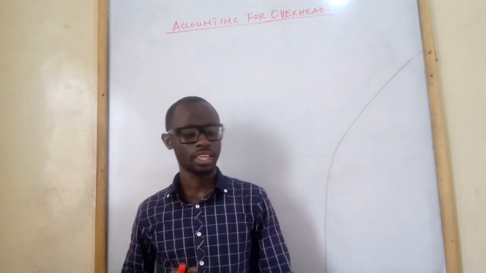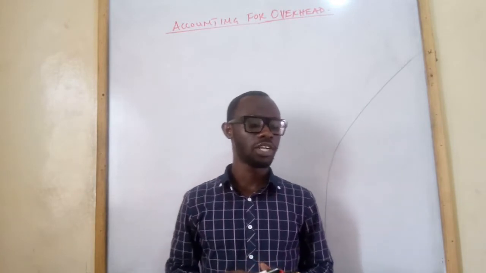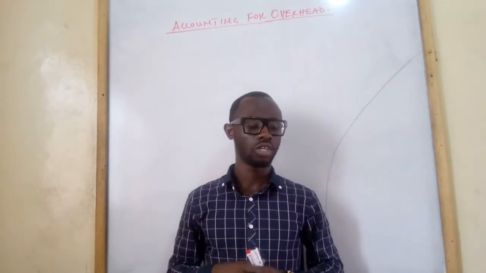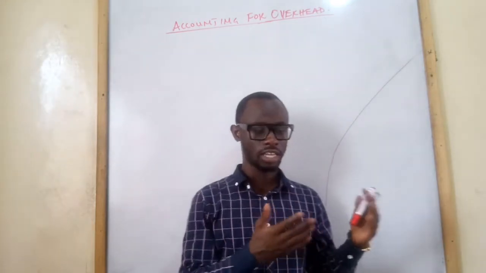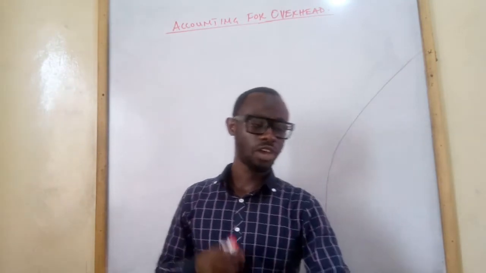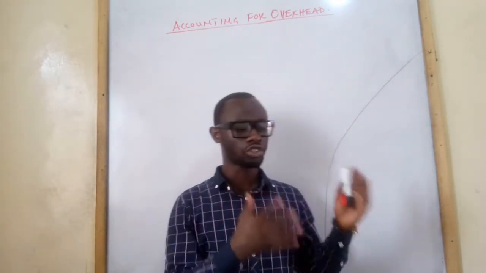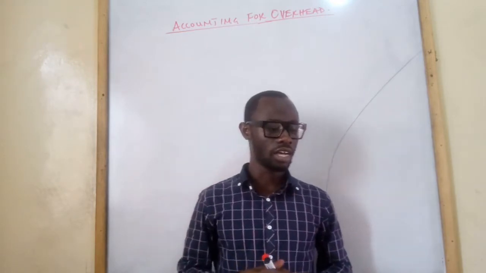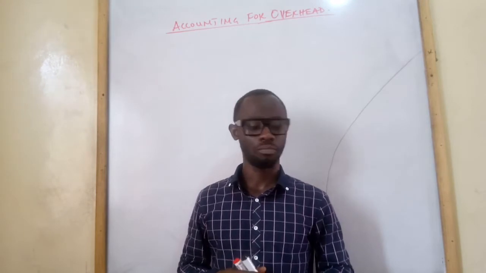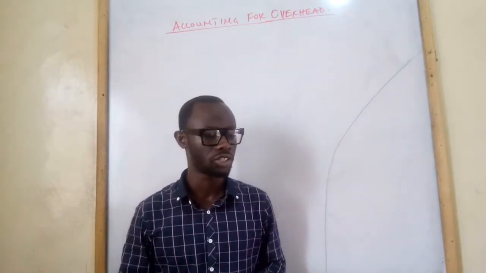Then the second thing is overhead apportionment. Overhead apportionment is simply the procedure whereby indirect costs are spread fairly between cost centers in an organization. So when it comes to overhead apportionment, there are various bases for apportioning overheads. For instance, when we want to apportion depreciation on the assets of the company, we can apportion it using cost or value of the machine.